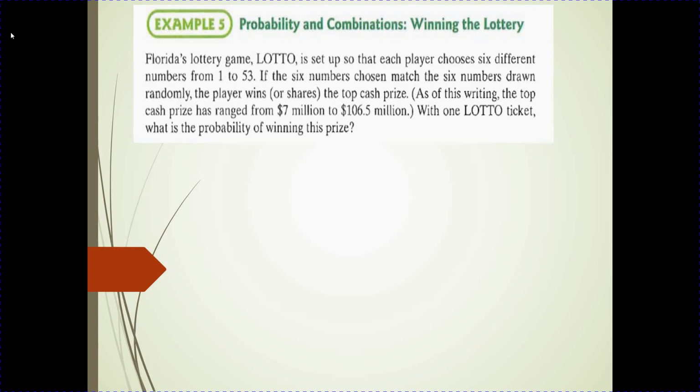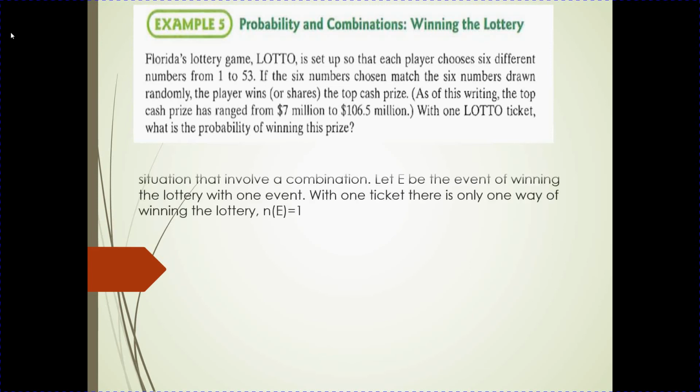So the number of ways that you are going to choose will be a combination of these 6 numbers. Nothing is mentioned about order, so order doesn't matter. So definitely we are going to use a combination in this question, since the order of choosing the numbers doesn't matter.